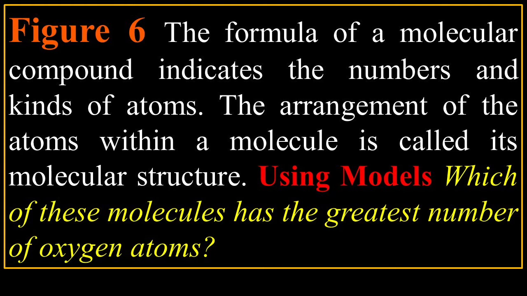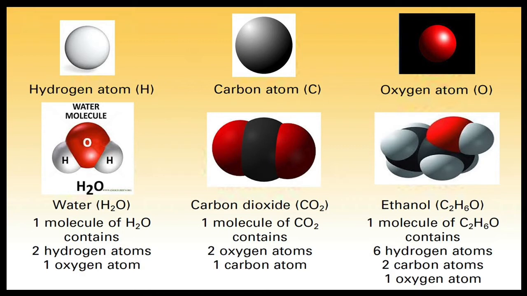Using models, which of these molecules has the greatest number of oxygen atoms? You can simply count on the structure to tell. Here are the three molecules: water, carbon dioxide, and ethanol. The counts are there. It's very obvious to see.